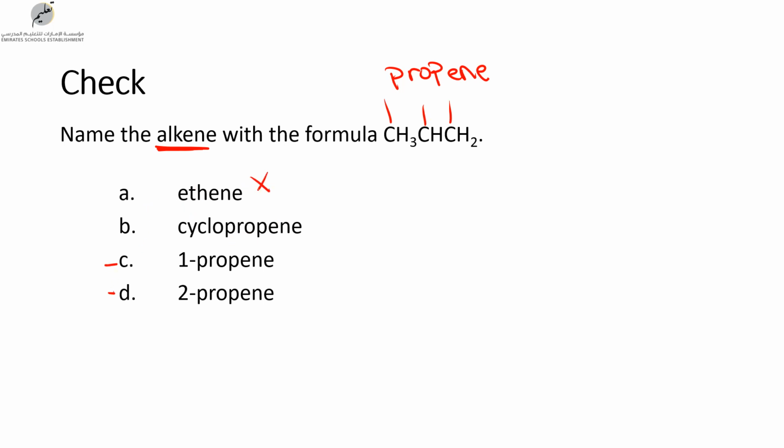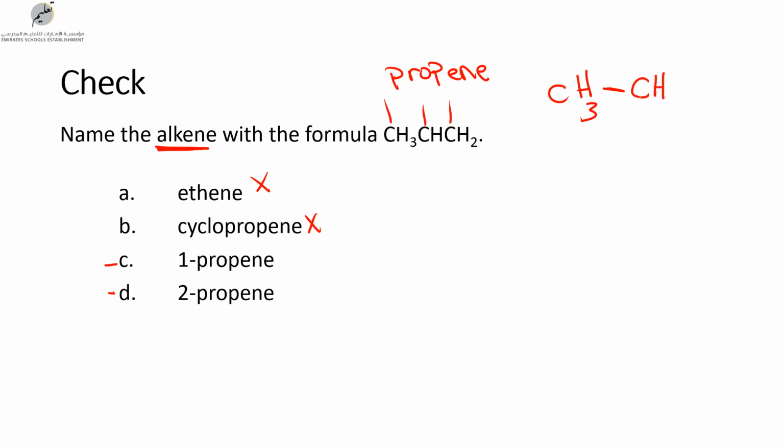So these are wrong. There's no cyclo here. It's not a cyclic propene. Now if I want to draw this, how do I know what's the location of the double bond? If I have CH3 here, this C is already making 3 bonds with hydrogen, so it can make only 1 bond with the carbon here, right?